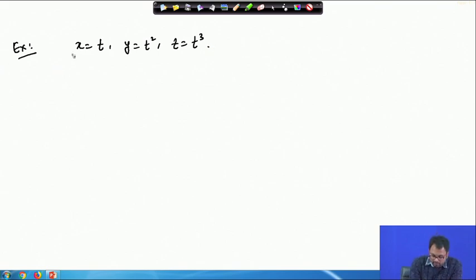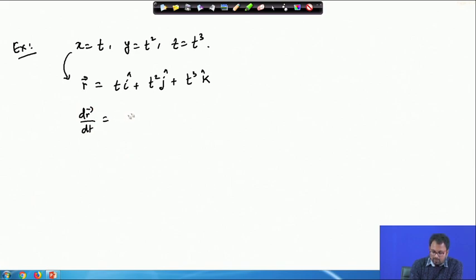I can write r equals t i plus t squared j plus t cubed k, because I can always write x i, y j, z k. Now my dr/dt is i plus 2t j plus 3t squared k. So that's my dr/dt.